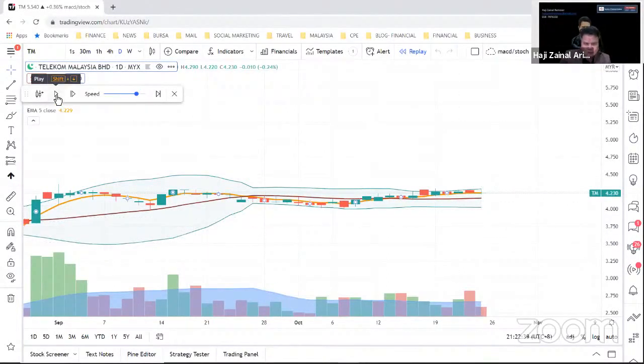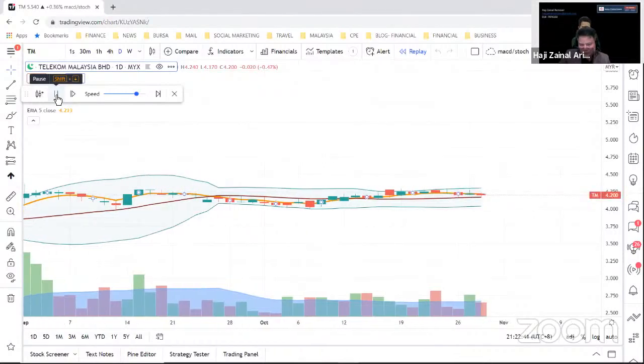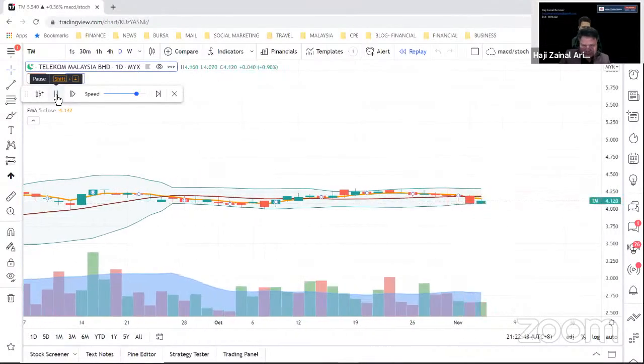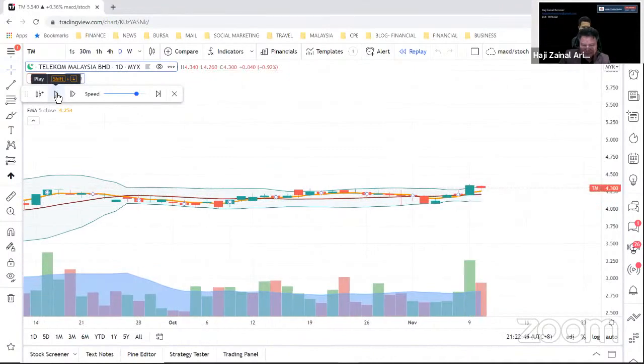All right. We continue. Wait for it to expand. You can see that there's volume coming in and it starts to expand. So that is a buy signal. But the problem is, is it a good buy signal or not? That is why we use the 5 days moving average as a filter.